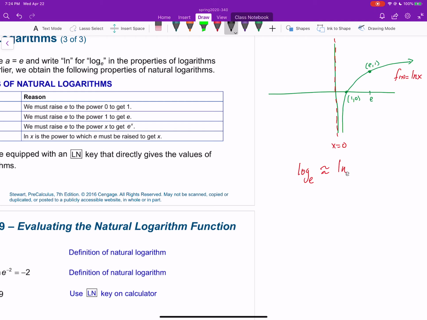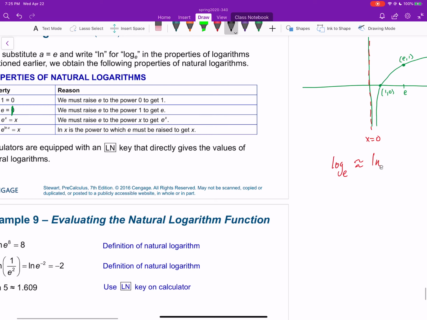We know that when we see ln, the base is always e. Just as we did with logs, we discovered some properties. Since log base e is synonymous to ln, those properties should transfer to ln too. So let's see how that relates to ln.